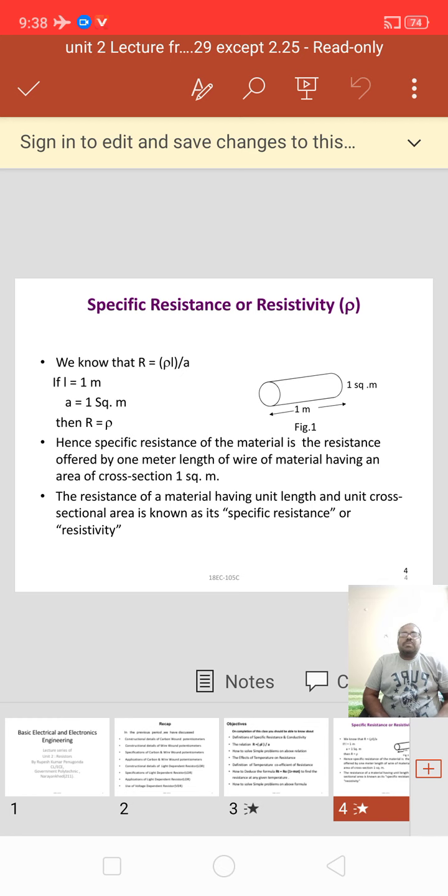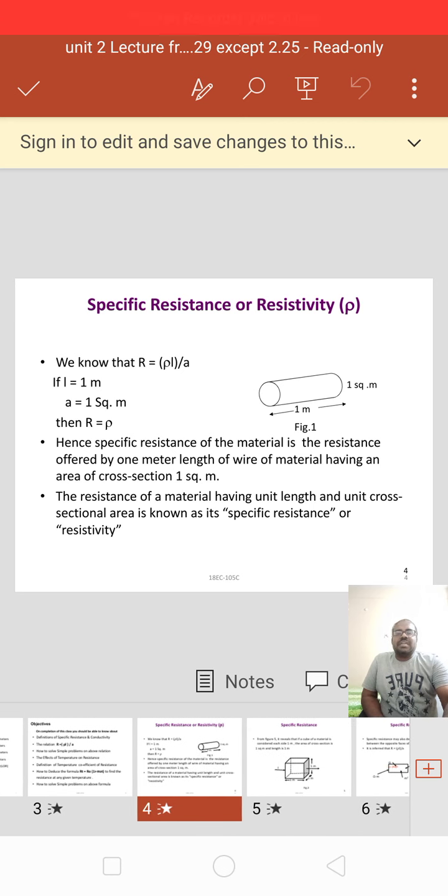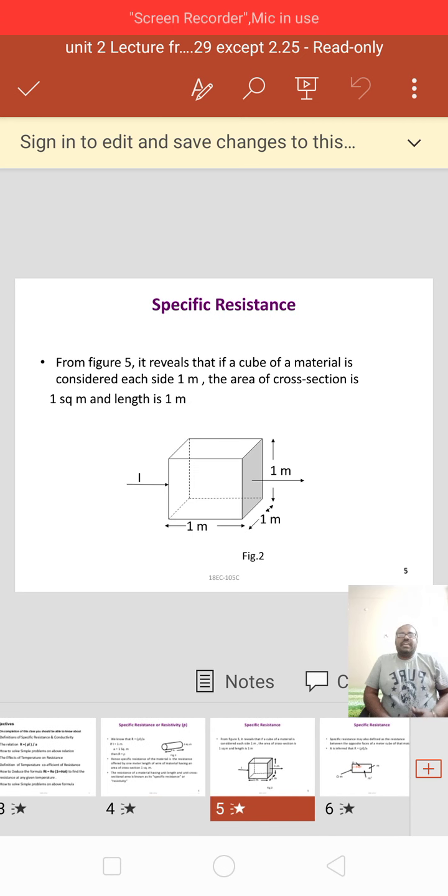Specific resistance is also known as resistivity.